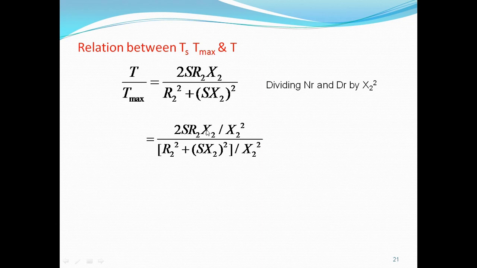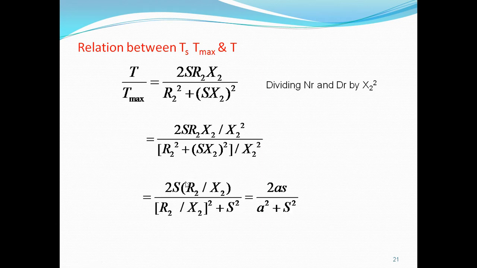Then X2 gets cancelled, and R2 by X2 is the slip at maximum torque, that is A. So T by T max is 2aS by a square plus S square. So full load torque by T max is equal to 2aS by a square plus S square. Note down this, it is an important relation.